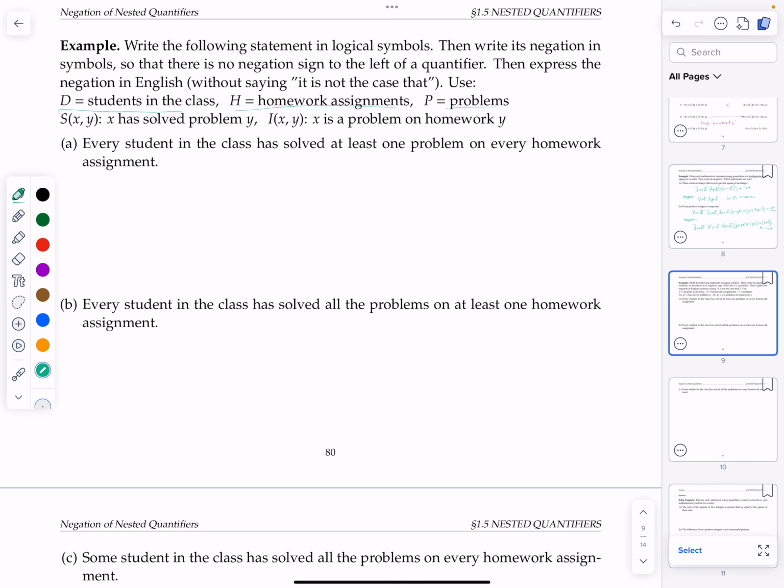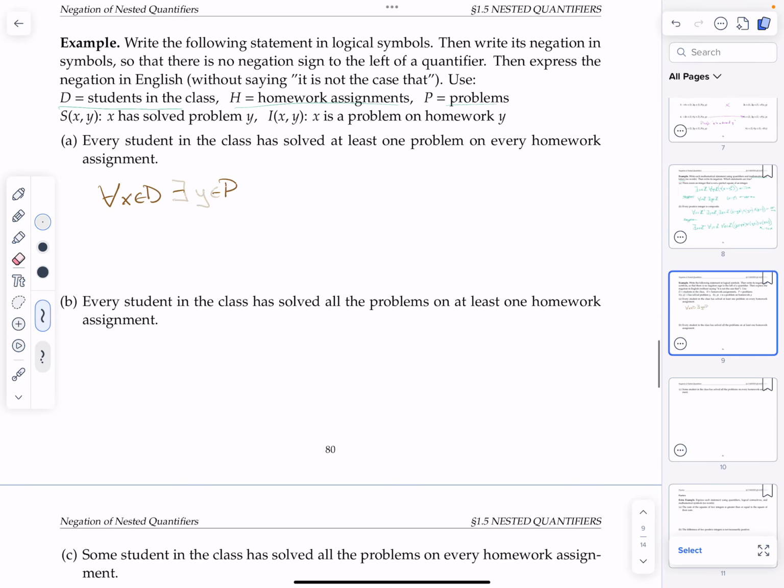Okay, so for every, let me change colors, I'm sick of that color. For every student has solved at least one problem, there exists a problem on every homework. Oh, okay, let me back off. Let's try again.